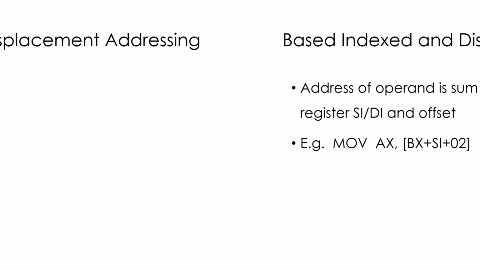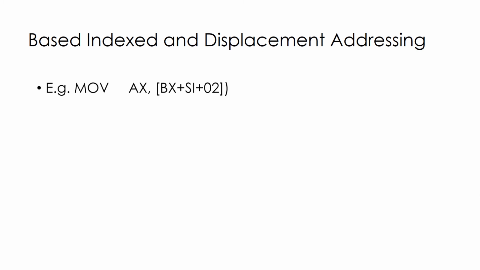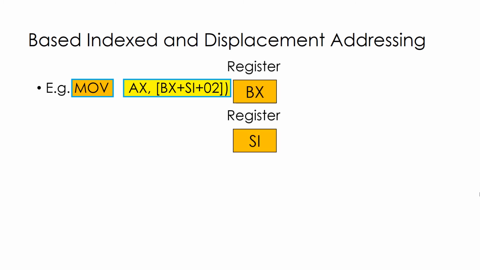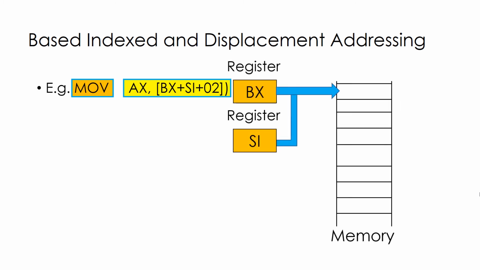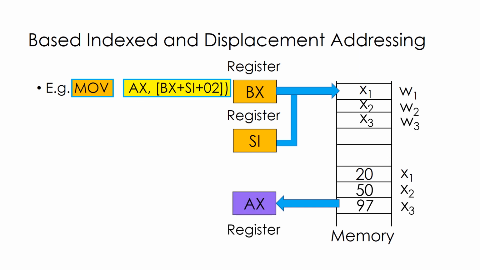Effective address of operand is calculated by addition of content of registers BX, SI and displacement. Initially, we combine the contents of BX and SI registers. Then we increment this content by 2 because our displacement is 2. And finally, we move the value 97 from x3 location to the accumulator.